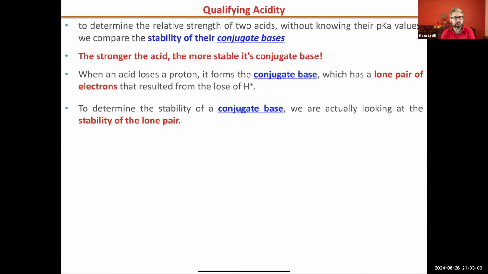But we're going to remind ourselves that in a chemical reaction, if there is one side that is going to donate H+, it will create a conjugate base. A strong acid will create a weak conjugate base. And because it's weak, it will be less reactive.